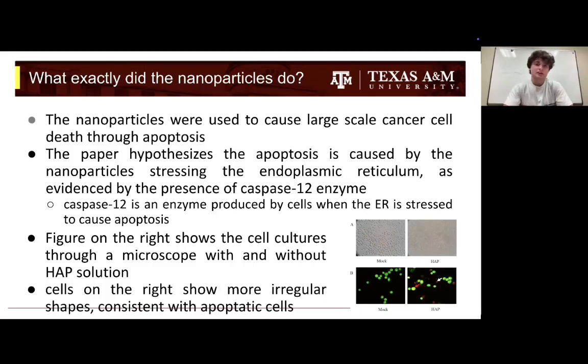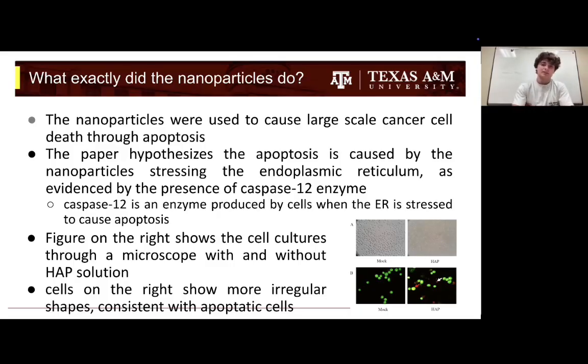All right, so what the nanoparticles did: the paper did not specify a specific mechanism by which they killed the cancer cells. However, the nanoparticles did very obviously cause large-scale cancer cell death through apoptosis. You know that's apoptosis because if you look at figure one, the one with HAP, all the cells are distorted and irregularly shaped, which is a telltale sign that they went through apoptosis and are dead or dying.